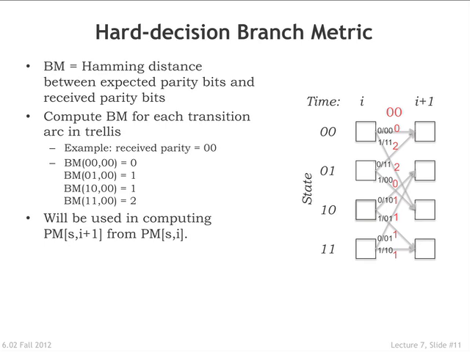We first label each of the arcs here by the Hamming distance between the bits we'd emit along the arc and the bits we've actually received. So Hamming distance 0 here between what we would emit and what we received. Hamming distance 2 here on this arc. Hamming distance 2 on this arc, and so on. So the red numbers here below the top 2 just are the costs on the arcs. Okay?